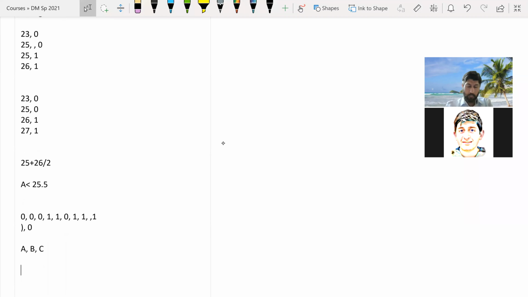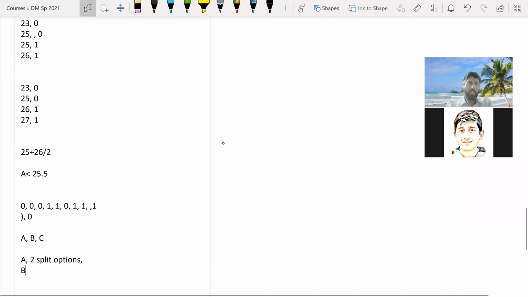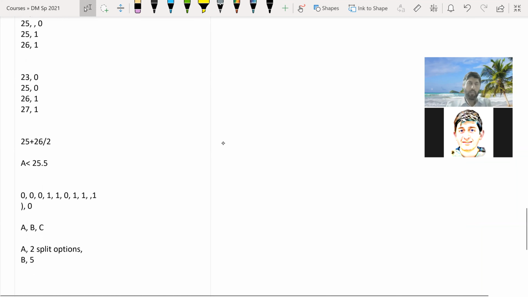If it is greater, then go to the other path. So just to give you an example, let's say A has 2 split options, B let's say has 5 and C let's say has 3. Okay?